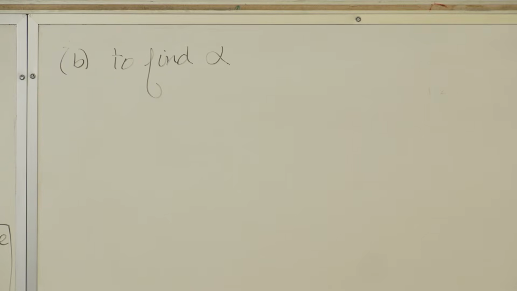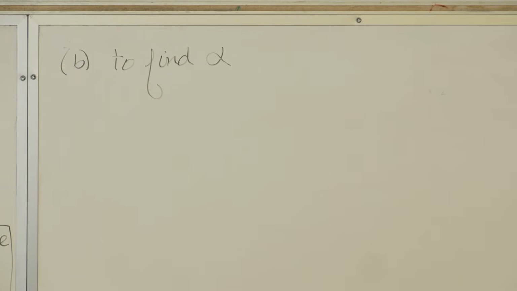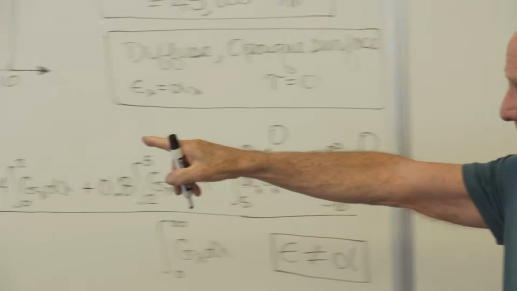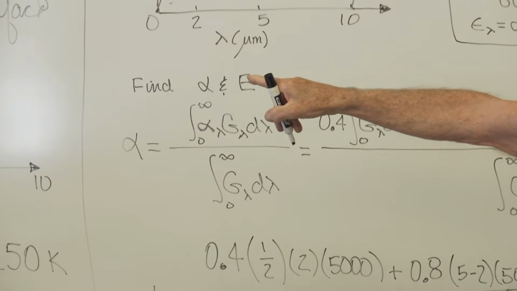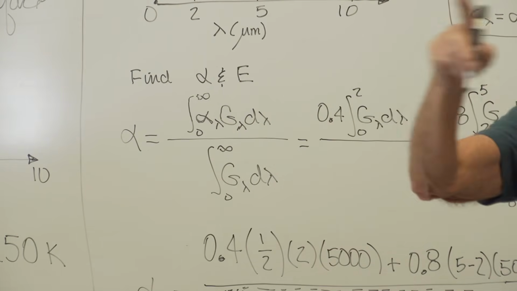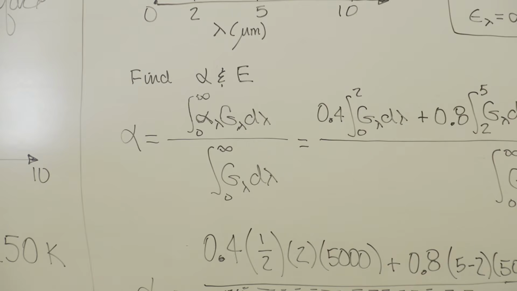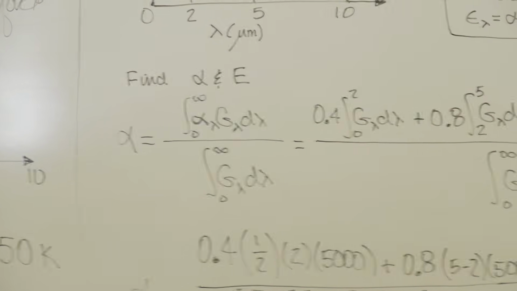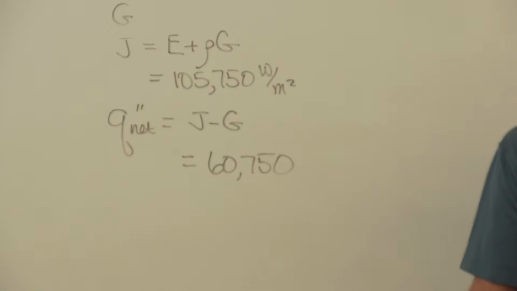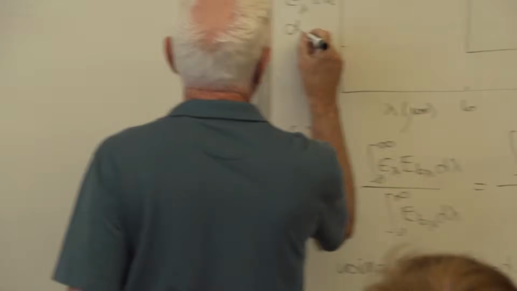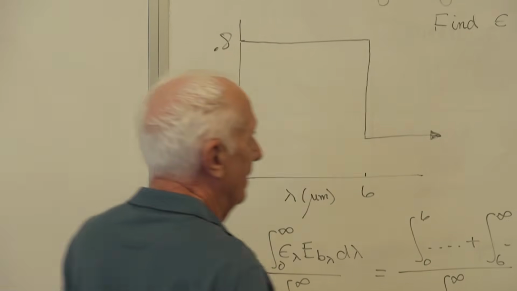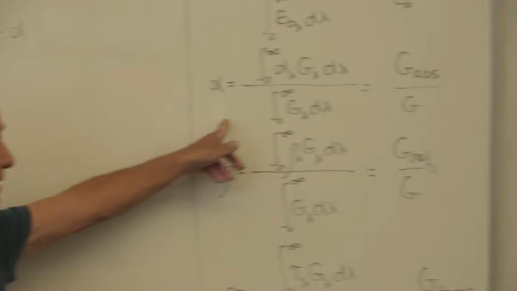We know what that means. Alpha equals epsilon. We did it over there. In this case, the author gave us a graph of alpha lambda. In that case, he gave us a graph of epsilon lambda. But for both problems, he said diffuse surface. So this is also a graph of alpha lambda.